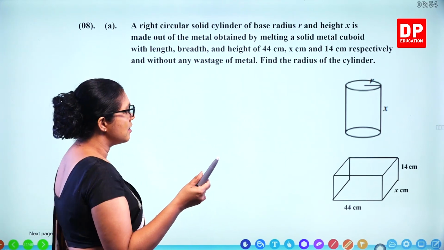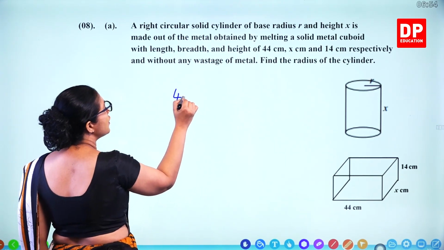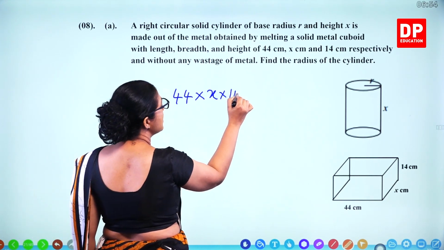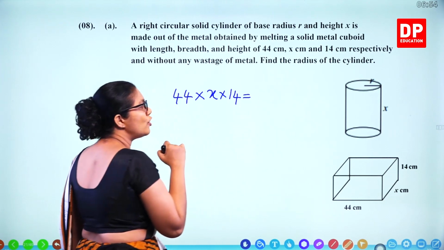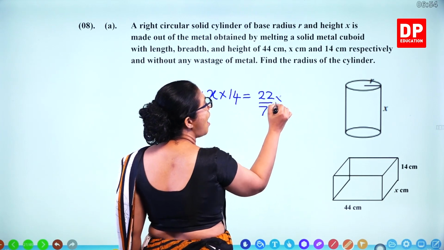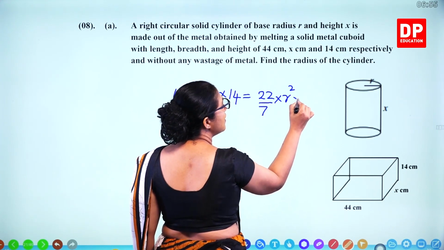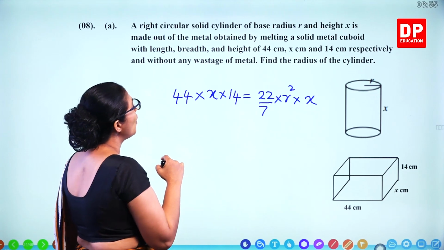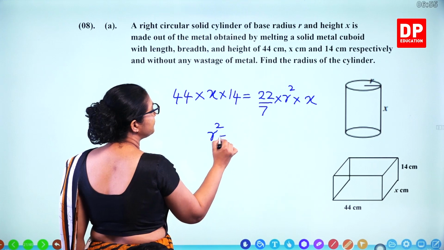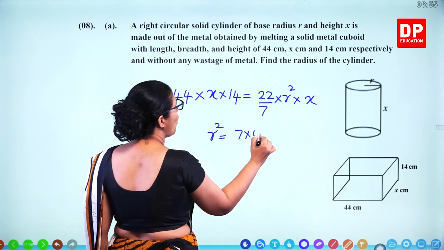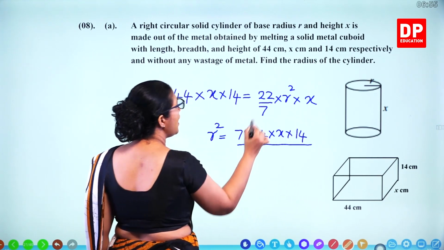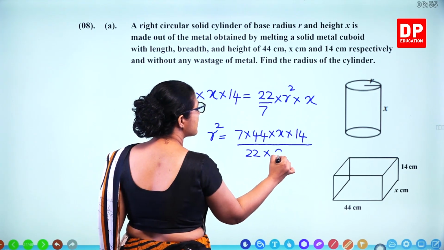So that means the volume of this is the same as the volume of the cylinder. So we can equate. Volume of the cuboid, 44 centimeters and then x into 14, is equal to the volume of the cylinder, pi 22 over 7, r squared, height is x. Now we need to find the radius. So what is r squared? 7 times 44, x and 14, divided by 22 and x.